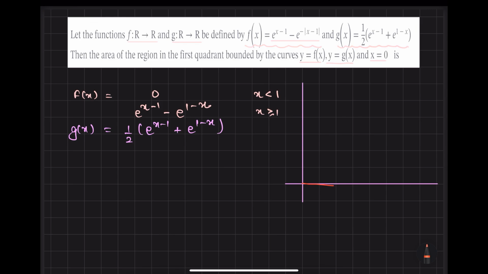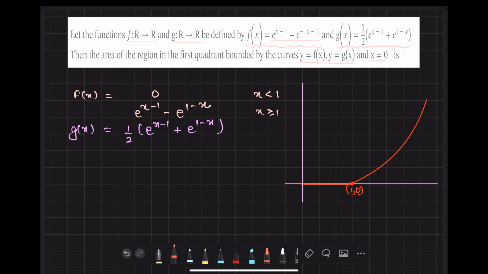So suppose that this is 1. So till 1 it is 0, 1 comma 0. After 1 it is growing. Right? If you'll do the differentiation, you will find that it is an increasing function. So suppose it is growing and it is reaching there. Okay, now this is the graph of f of x.